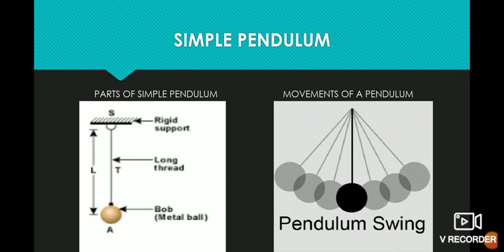So, can we measure the time taken for one oscillation? Yes, we can measure, but it is little difficult because it is very less time. So what we do instead, we count some say 20 oscillations, and then we can measure the time taken for this.